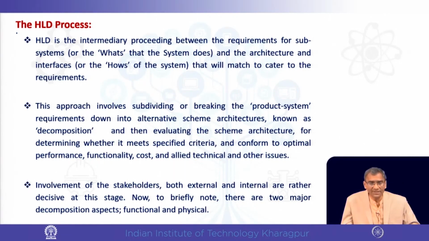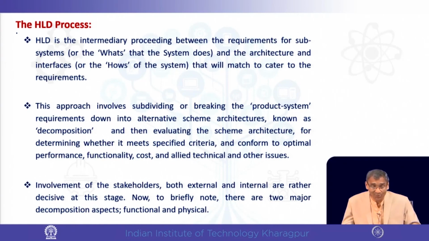This approach involves subdividing or breaking the product system requirements down into alternative scheme architectures, known as decomposition, and then evaluating the scheme architecture for determining whether it meets specified criteria and conforms to optimal performance, functionality, cost, and allied technical or other issues.